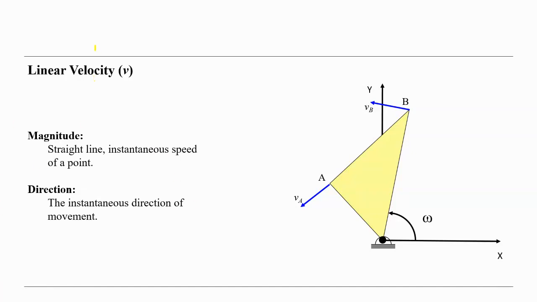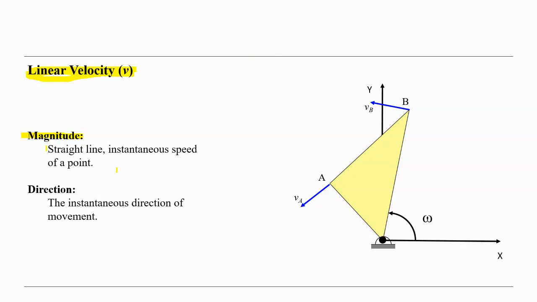Here we will discuss first the linear velocity. What does linear velocity mean? If we talk about velocity, we don't say speed. Speed is a scalar value. Velocity is a vector. So therefore, we are talking about a vector.